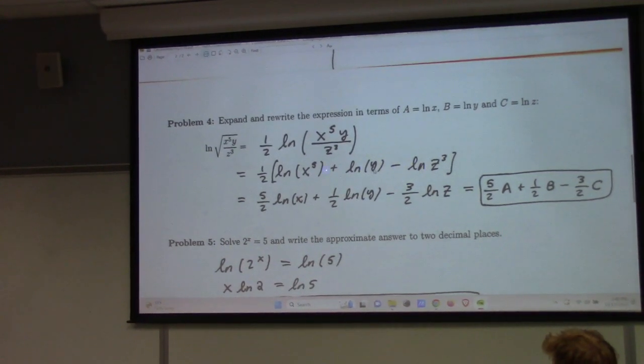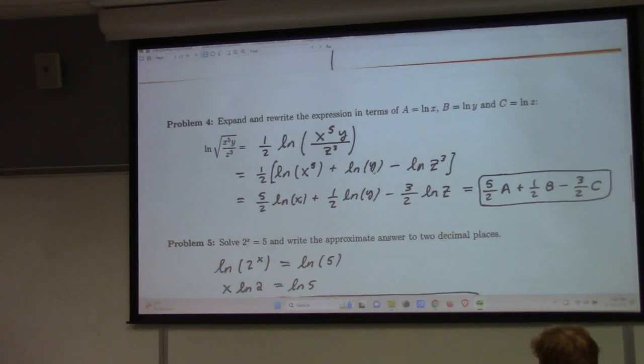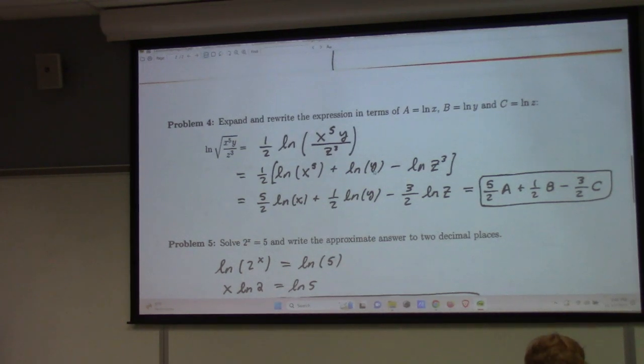But then I know the power property, so the 5 pulls down and the 3 pulls down, multiply through the half, and that gives me 5/2 log x plus 1/2 log y minus 3/2 log z. In other words, 5/2 a plus 1/2 b minus 3/2 c. Does that make sense? Yes, no, maybe so. Pretty standard expand-the-log-properties problem.